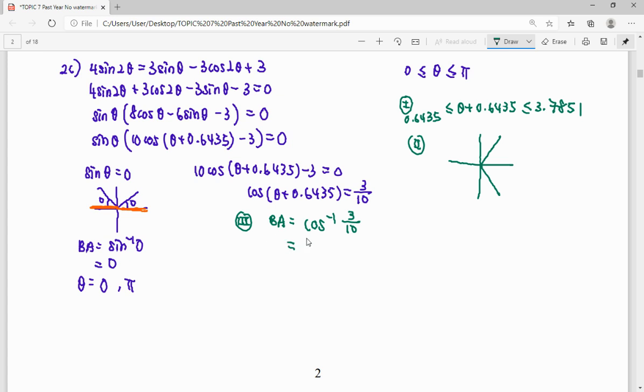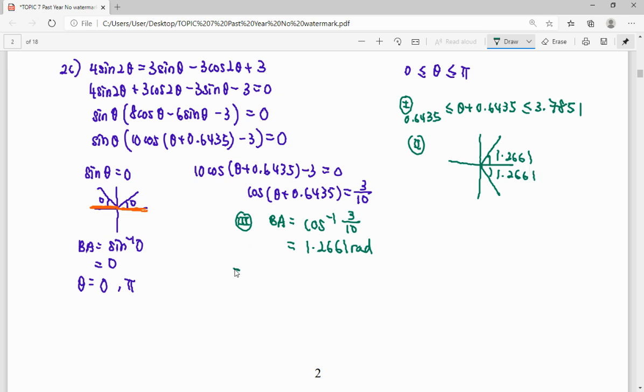Here it gives us the answer 1.2661 radian. Give more decimals before the final answer; only in the final answer do we do the rounding.